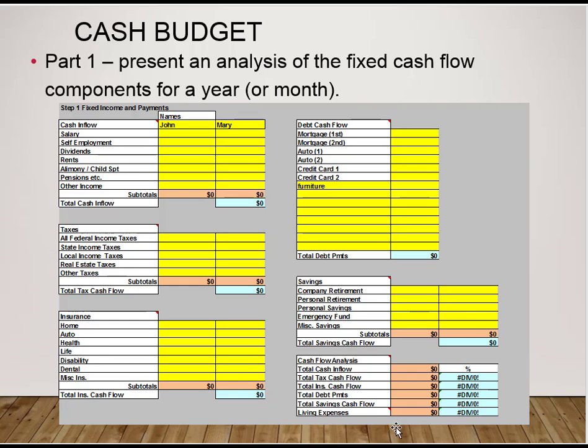The living expenses is what's left over. We have the cash inflow, subtract all of these fixed payments, and this is what's left over for living expenses. Sometimes I refer to this as our quality of life number, right? How much money can you spend after we've covered all of the fixed expenses that we have?